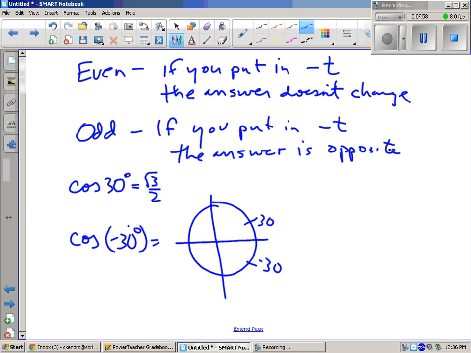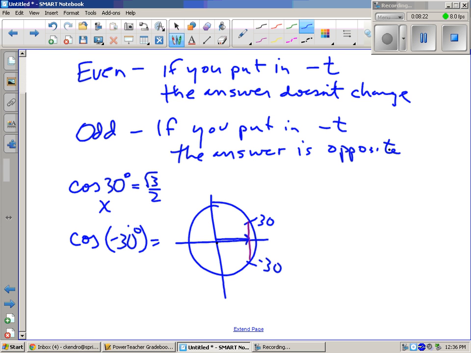Cosine is your x value. If I go this direction, and then I go up to 30 or down to 30, the x part has not changed. It's still going to the right, √3/2. Whether I go up or down is not part of the problem here.